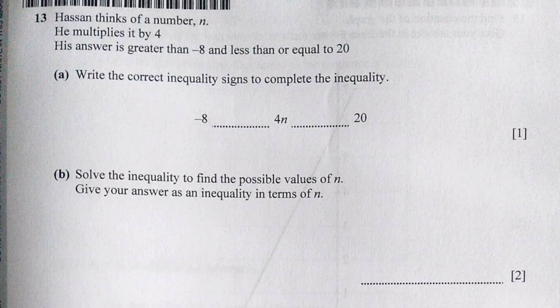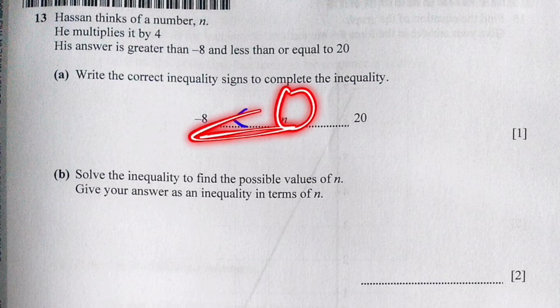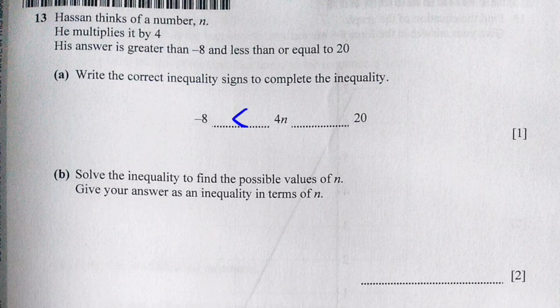Hassan thinks of a number n. He multiplies by 4. His answer is greater than minus 8 and less than or equal to 20. A. Write the correct inequality signs to complete the inequality. So minus 8 is less than 4n, because 4n is greater than minus 8. And then 4n is less than or equal to 20, so that also counts there. Part B. Solve the inequality to find the possible values of n.